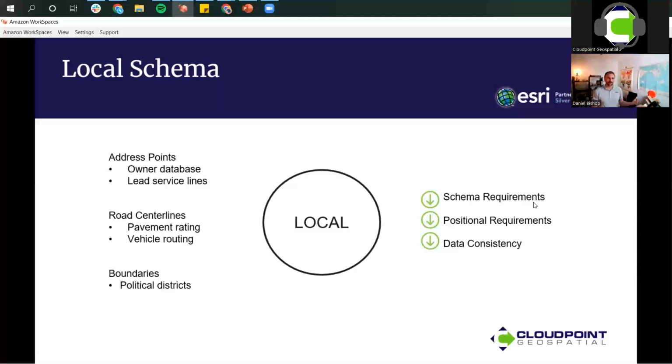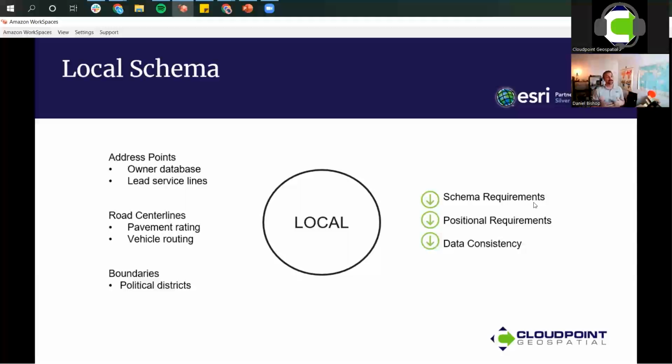And then we have political boundaries. So local schemas are really derived from the needs of the local GIS department or office. Therefore, this is hyper-focused on the needs of that locality. It's not necessarily looking to a larger standard.